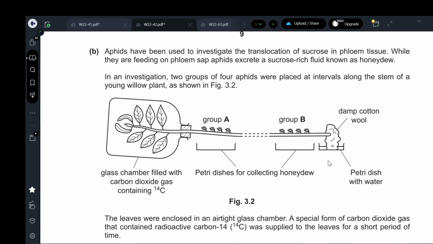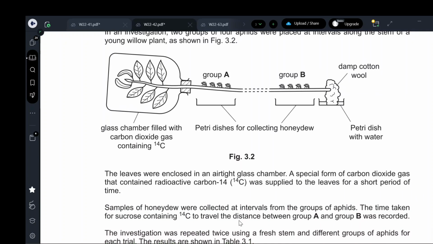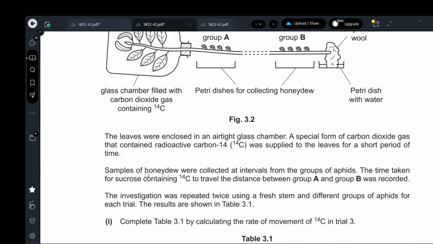Okay. The leaves were enclosed in an airtight glass chamber, and a special form of carbon dioxide that contained radioactive carbon was supplied to the leaves. Samples of honeydew were collected. The time taken for the sucrose containing carbon 14 to travel the distance between A and B was recorded.